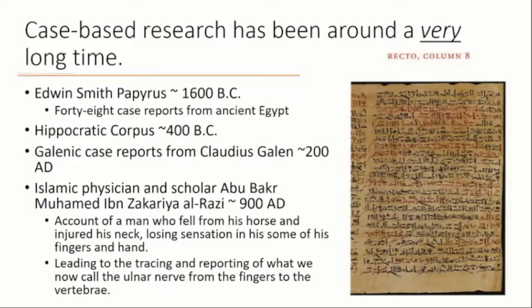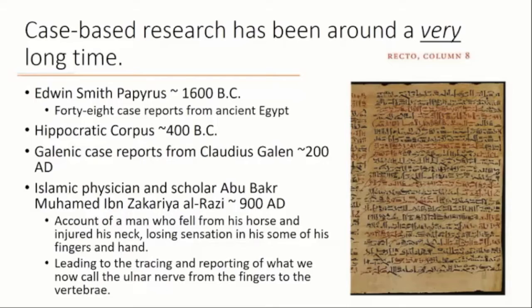And then there were also reports from, of course, Hippocrates, who had loads and loads of case reports, and they were very detailed. The Galenic case reports from Claudius Galen around 200 AD. And then there were a lot of Muslim scholars and physicians that were very good at capturing their records and reporting their information. And these reports were done from a very sophisticated perspective.